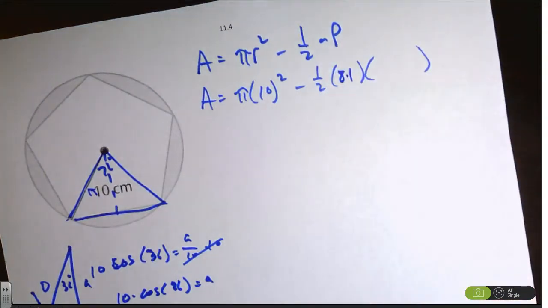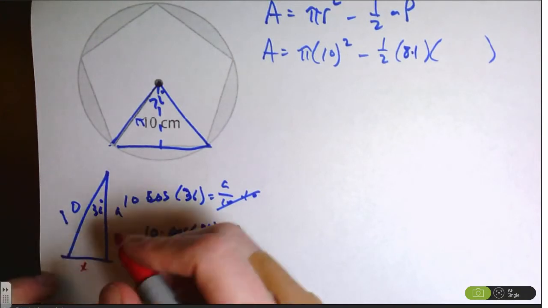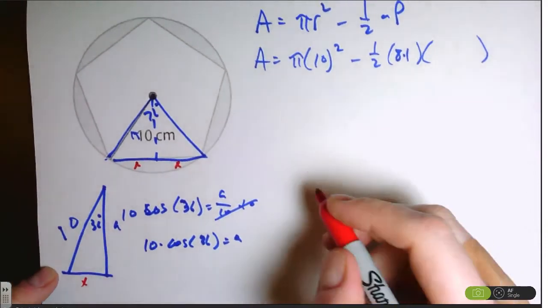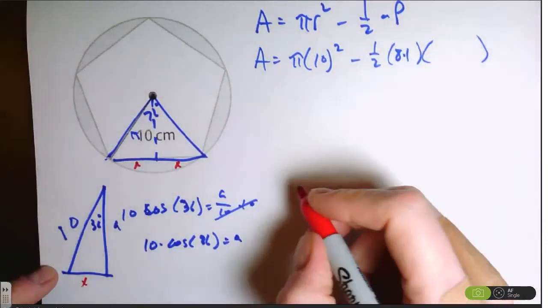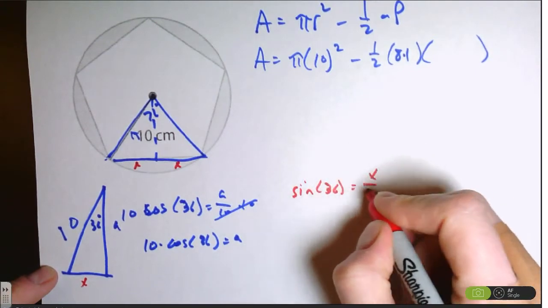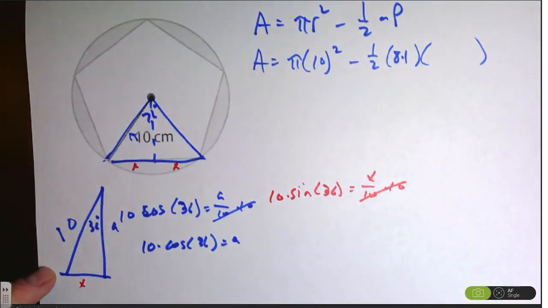Okay. Now, for the perimeter, this guy here, I'm going to call him x. Remember, x is only half of the base. So to find x, it's opposite over hypotenuse, so sine of 36 equals x over 10. Multiply by 10, so it's 10 times the sine of 36.